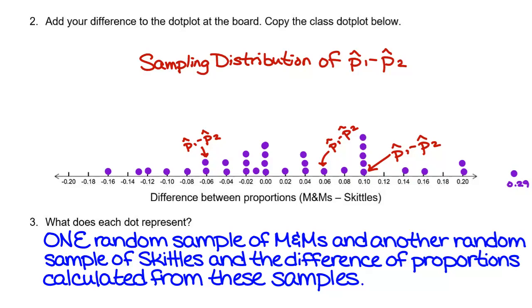Answer question number 4 with your best guesses. On number 4, I want you to use the dot plot.